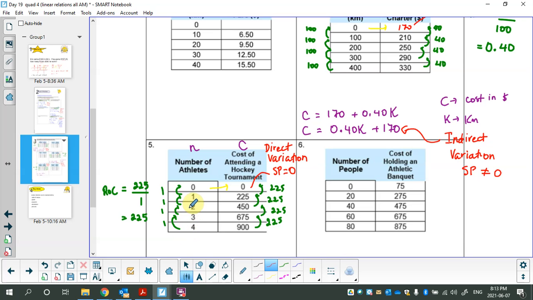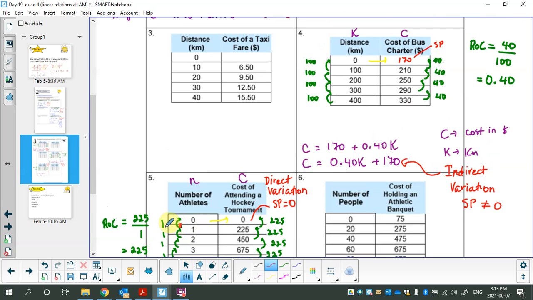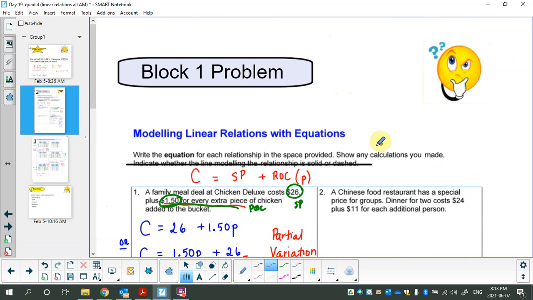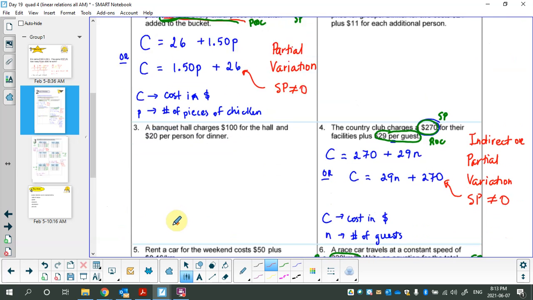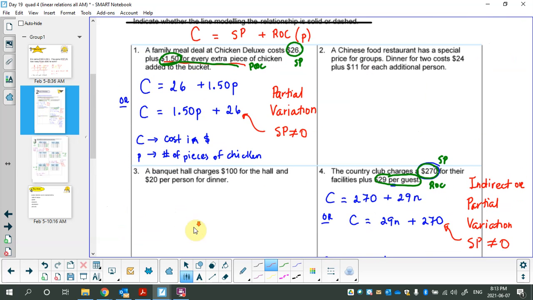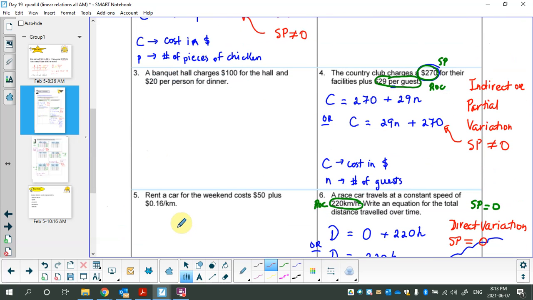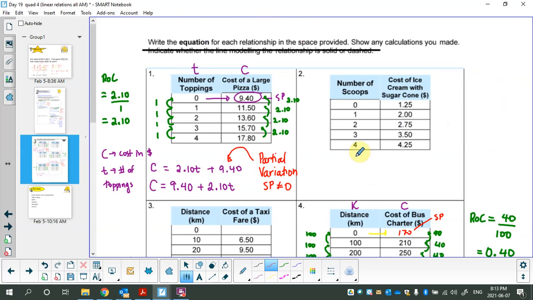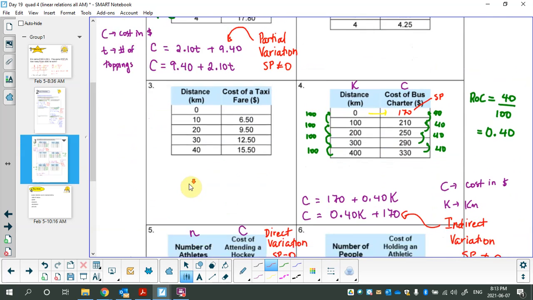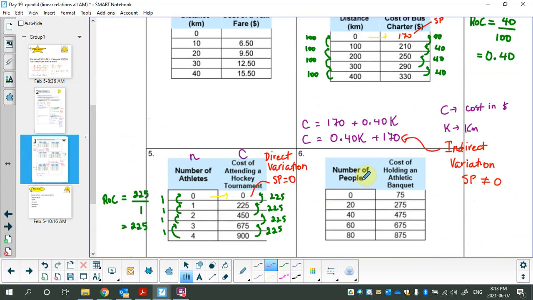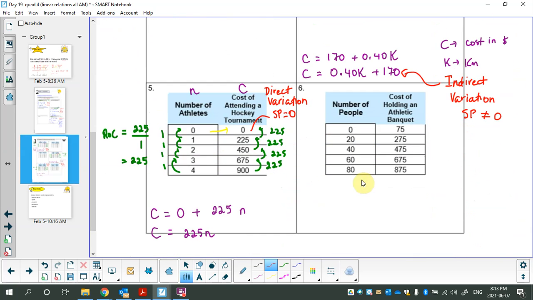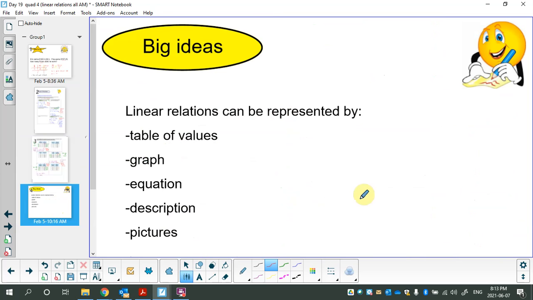Okay, so the big picture about this, you have 3 more to take care of here. So number 2, number 3, and number 5 in the word description. And you have number 2, number 3, and number 6 in the chart description. The big picture is that linear relations can be represented in a number of ways. We can give you a table of values.